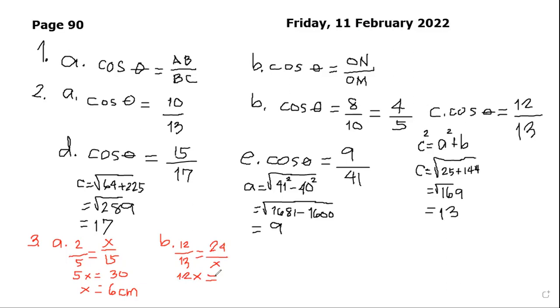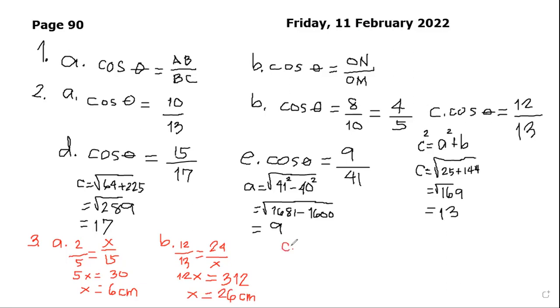Alex, 13 times 24. All right, 312. So x equals 312 divided by 12. So x equals 26 cm.